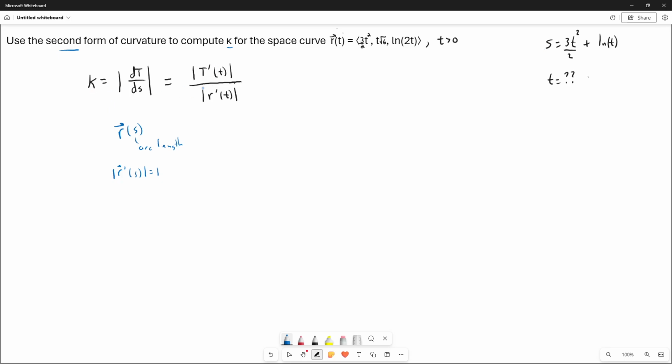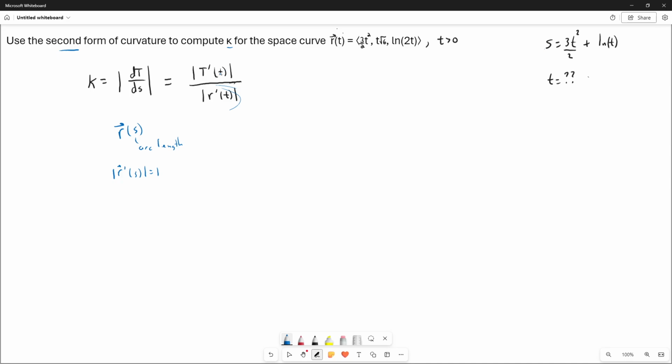Fortunately, there are a few ways to express the curvature formula, and the second way is using any parameter t for the curve, and then the magnitude of T prime of t divided by the magnitude of r prime of t. So we still have to work with the unit tangent vector, but because the parameter is not an arc length parameter, we have to divide here by the magnitude of r prime, the speed of the curve.